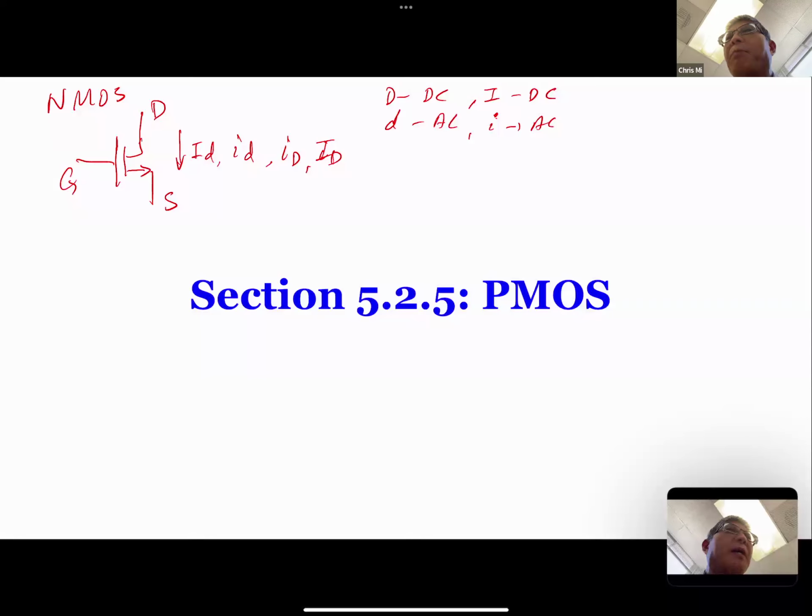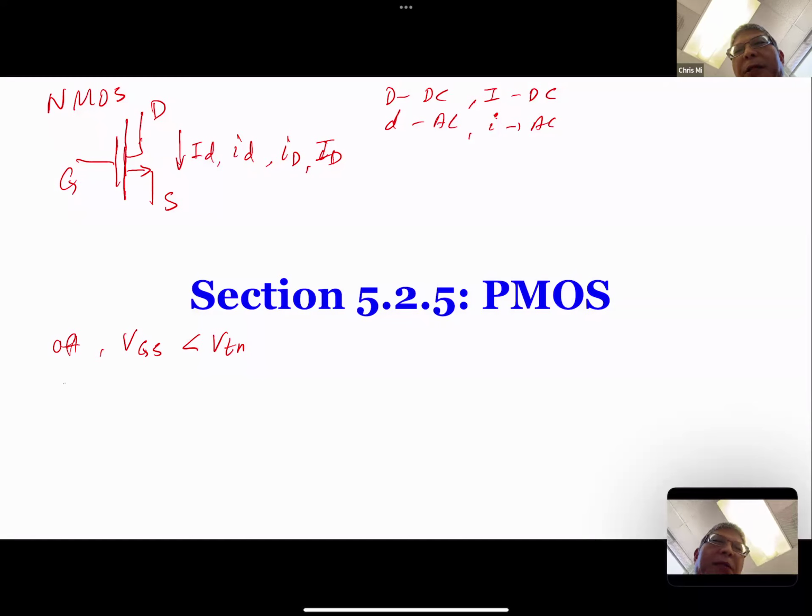So for the MOSFET to be in off state, VGS, the voltage from gate to source, has to be less than VTN, and VTN is typically like 0.5.